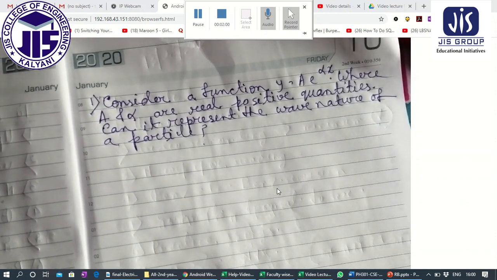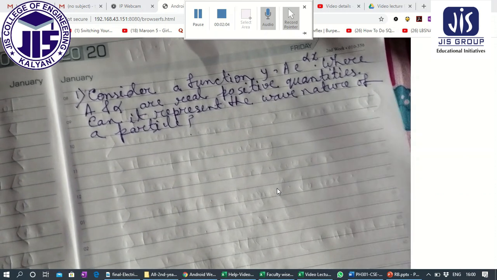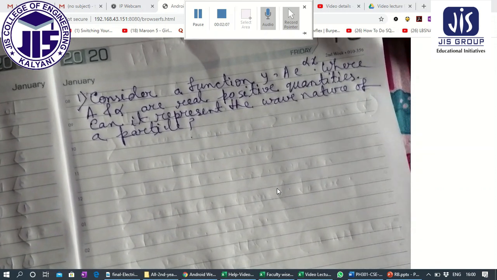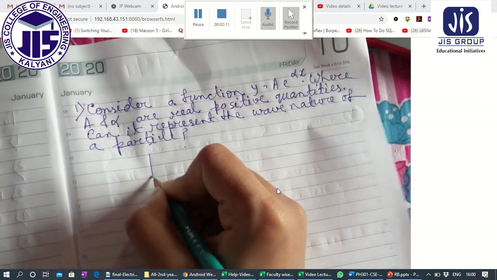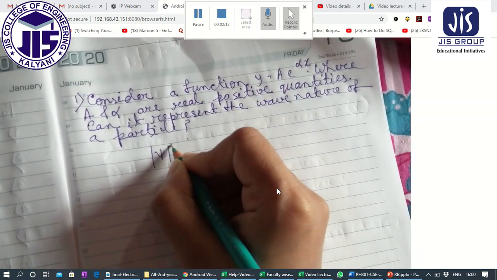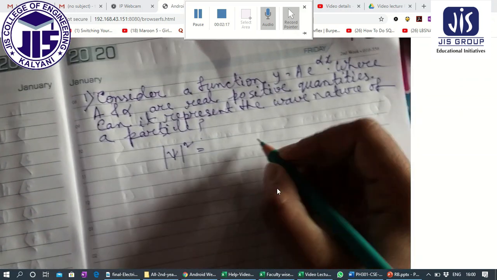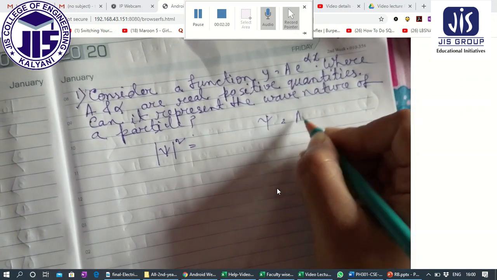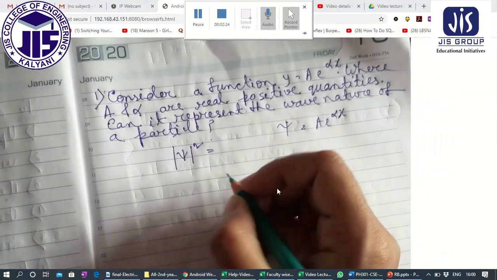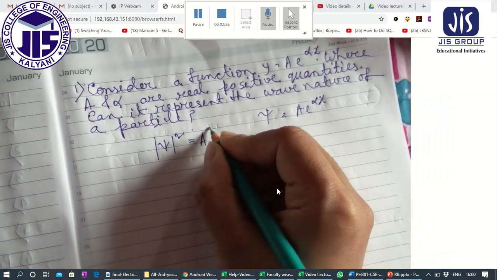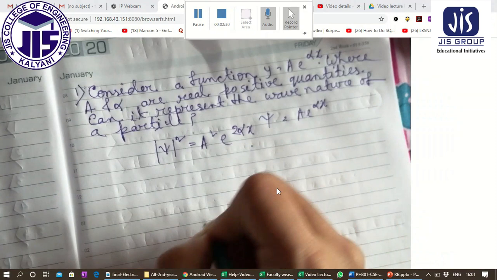When the question is, can it represent the wave nature of the particle, we first have to find out psi square. Now, psi equal to A e to the power alpha x, that is the wave function. So psi square will obviously be A square e to the power 2 alpha x.